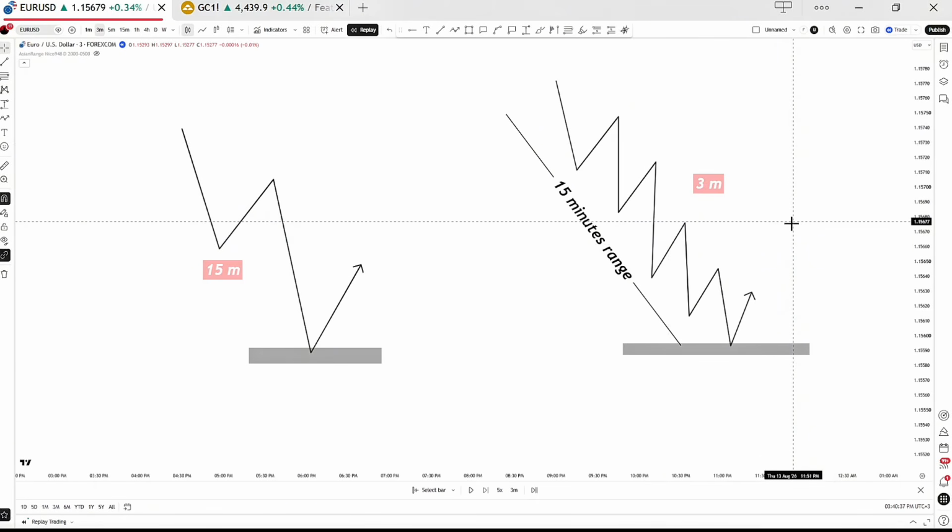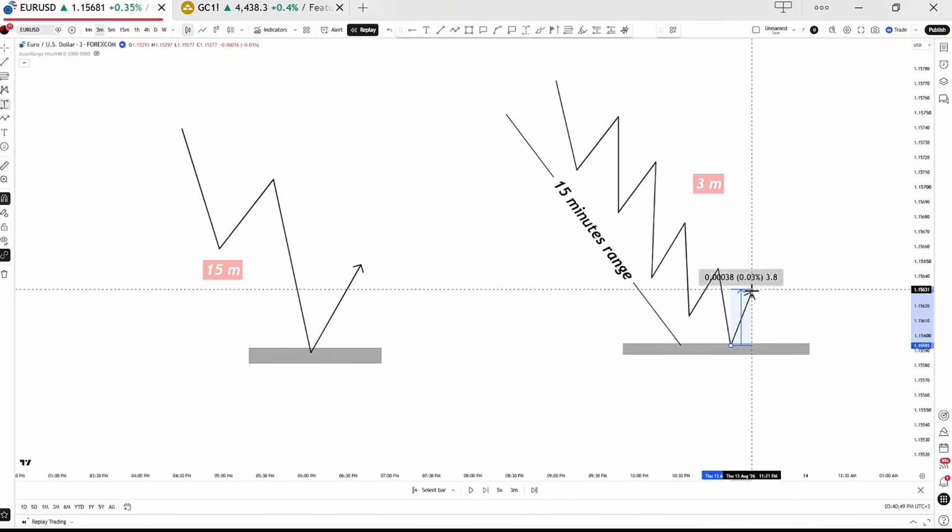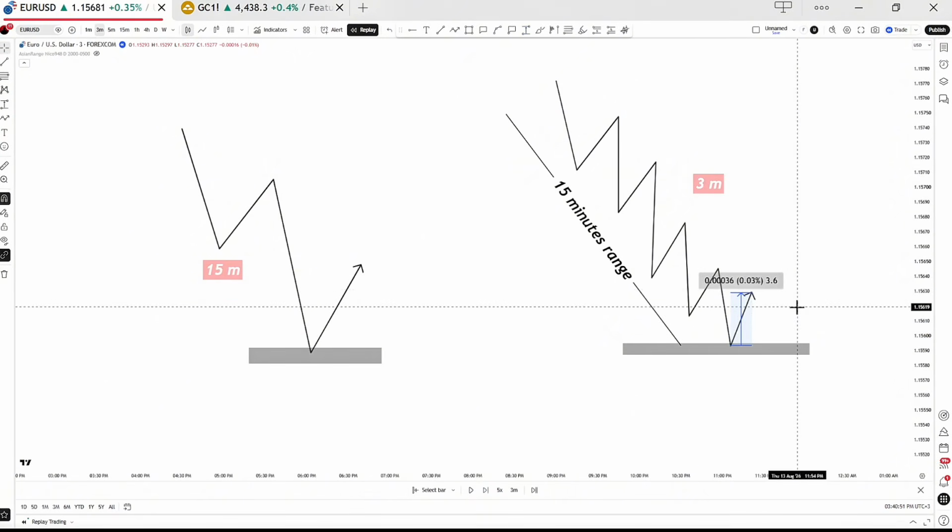Okay, so once this happens in the 3-minute time frame, you're going to get your price range tool and measure the range that tapped into the zone to the range that has been formed. It is giving you 3.